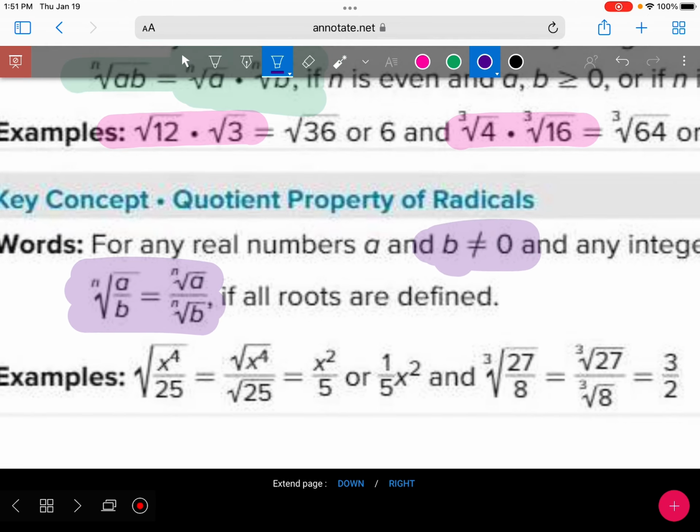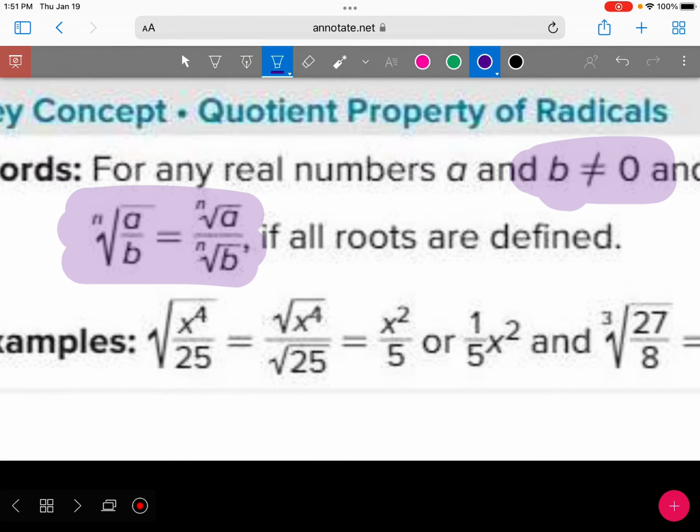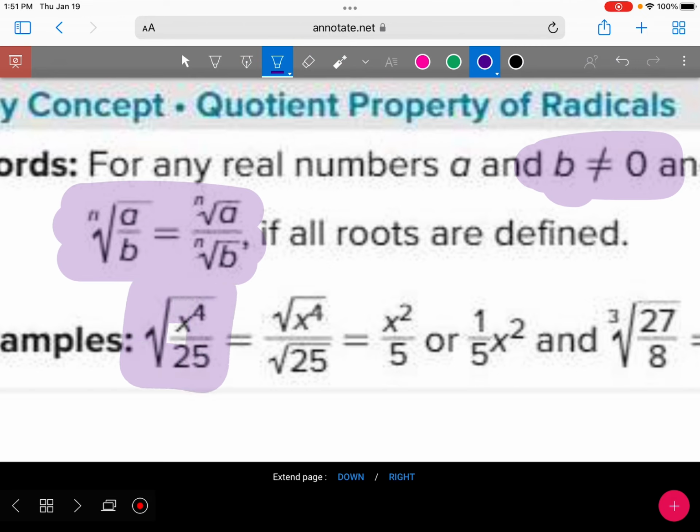And then we're always going to want to simplify that as much as possible because in math, we don't like radicals in the denominator. So in this case, if you look at our examples, they simplify them as much as possible. We've got the square root of x to the 4th over 25. We can split it up into the square root of x to the 4th over the square root of 25, which, beautiful, we know the square roots of both of those.